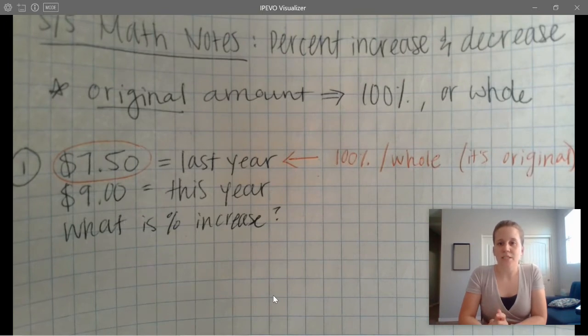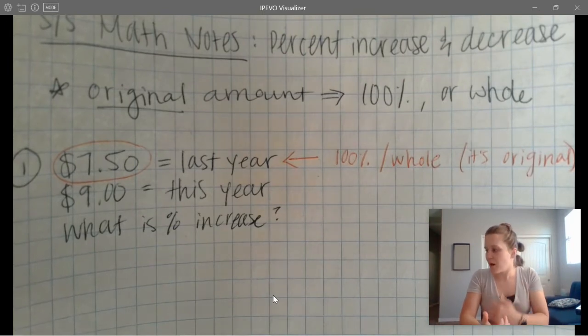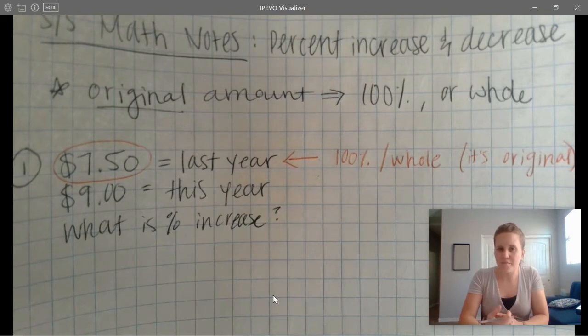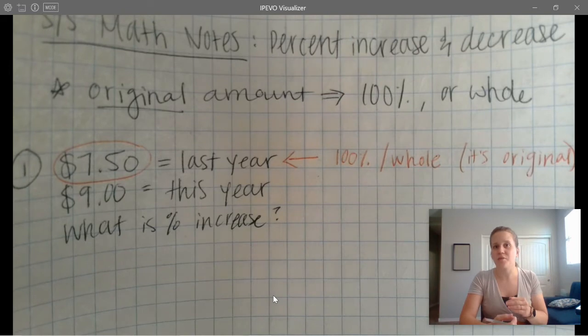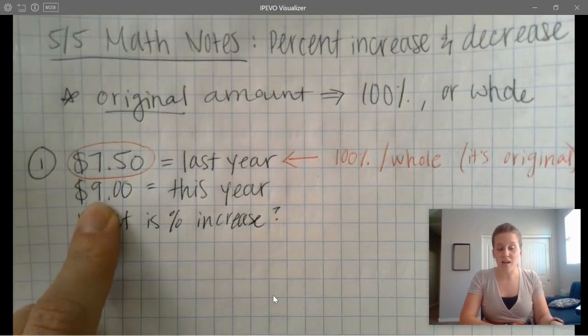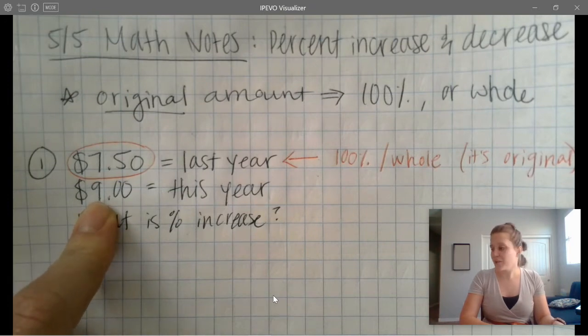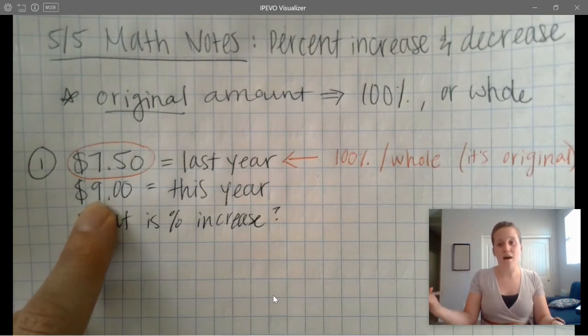Okay. So then when I'm trying to identify the part, which is another part that I'm sort of given, the part is how much the increase is. Is the increase $9? No, the increase is not $9. The price did not go up or increase by $9.